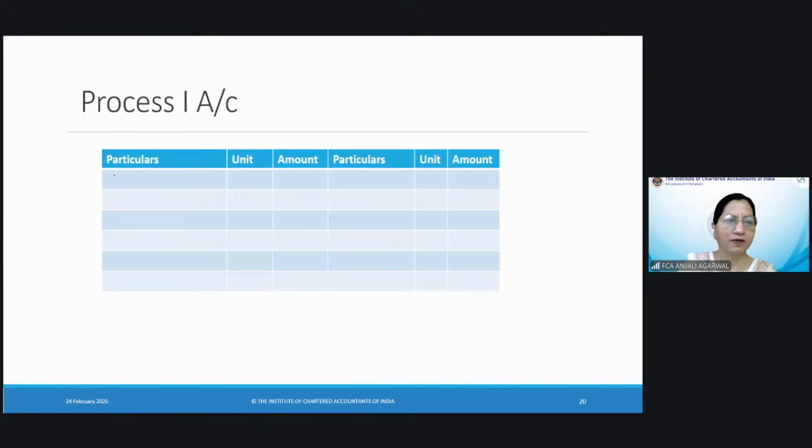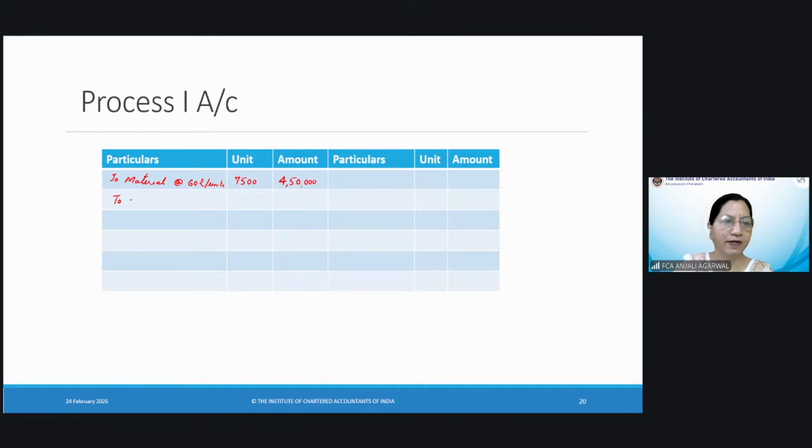So in process 1, to material, 7,500 units at the rate of 60 rupees per unit. So you have raw material to the tune of 4,50,000.